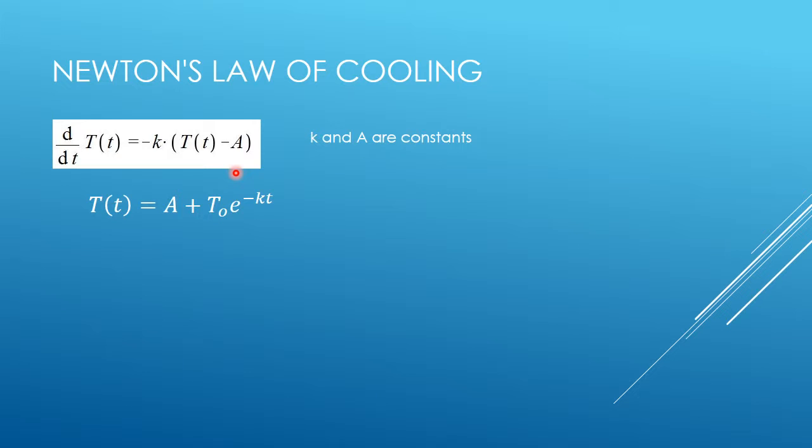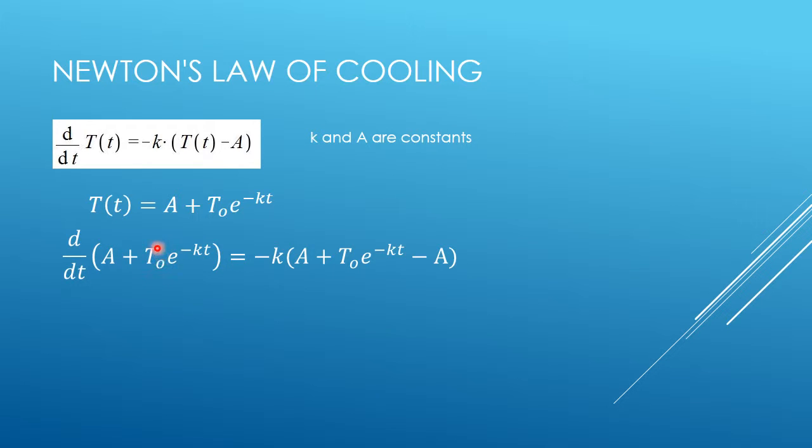We're trying to cool off a hot object while it's being surrounded by a temperature that is lower than the object itself. So the way we solve this is we're going to substitute this back into the differential equation. So I've taken my solution for the temperature and put it back in the derivative, and then I've taken my solution for the temperature and put it back in here, and I get this. So we're going to do some math. I have A and a minus A, so those are going to go to 0. And here I'm going to take its derivative, but this is a derivative of a constant, which is 0. And then I'm going to get the derivative of this.